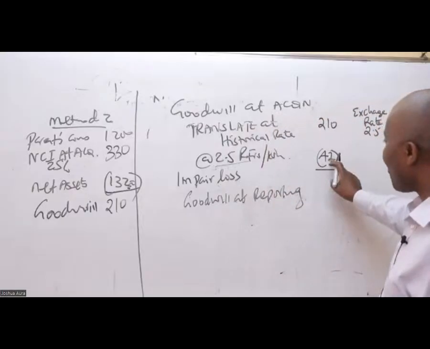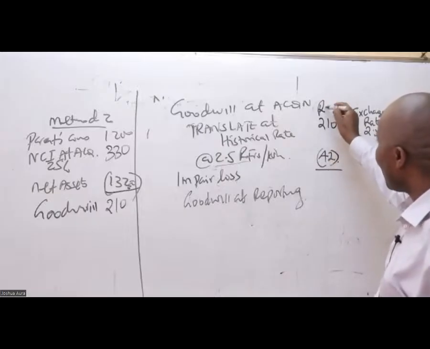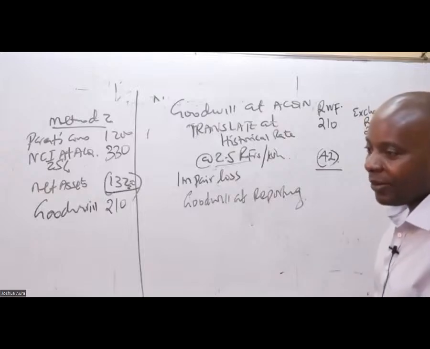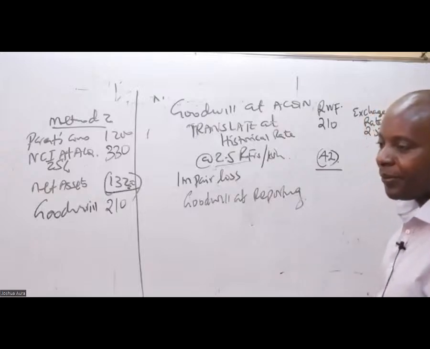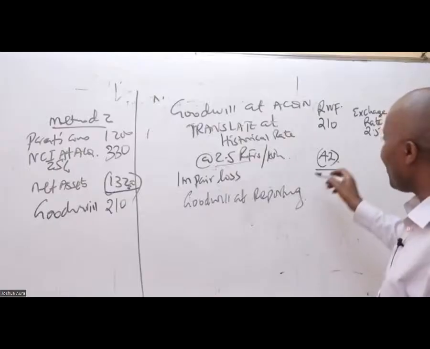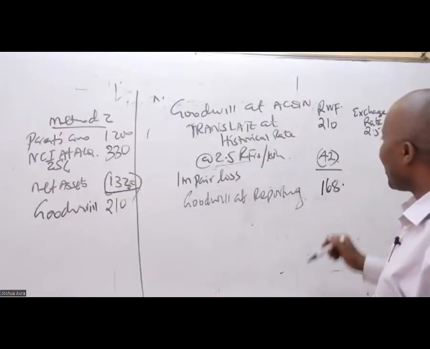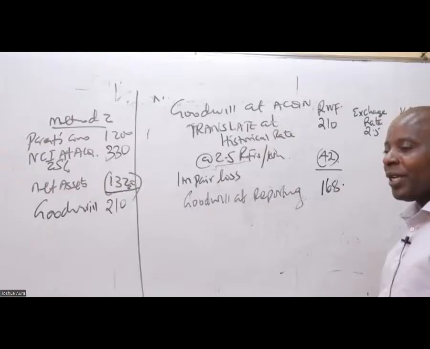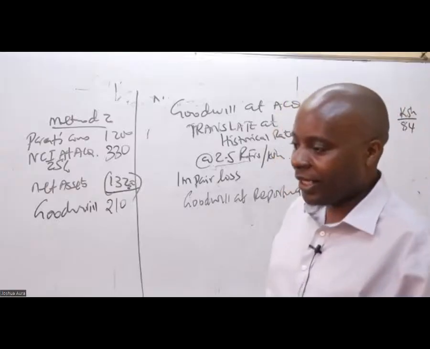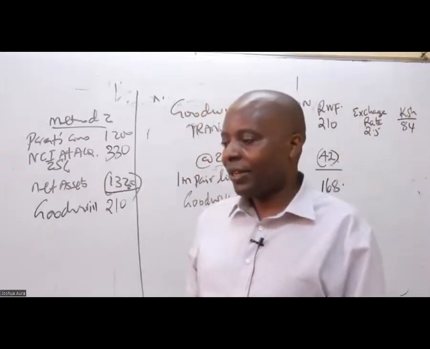This 42 is in Rwandese francs. Remember, these are Rwandese francs. So 210 minus 42 comes to 168.